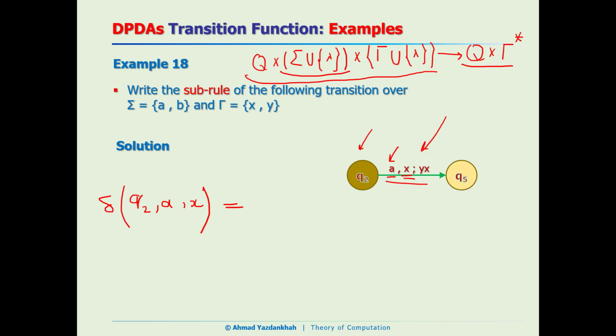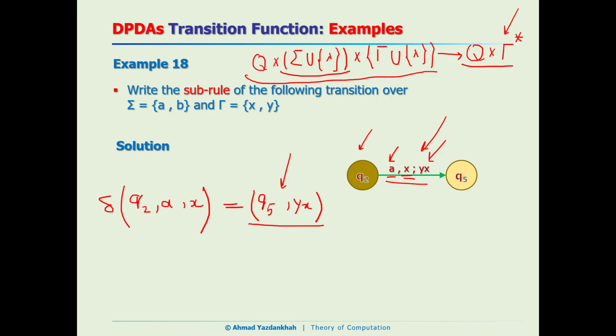We need one Q and one string from gamma star, right? So it means go to Q5 and push whatever this is, YX. But since we don't have such a thing in mathematics, we need to put it somewhere. So we create a two-tuple or ordered pair to show what the range is.